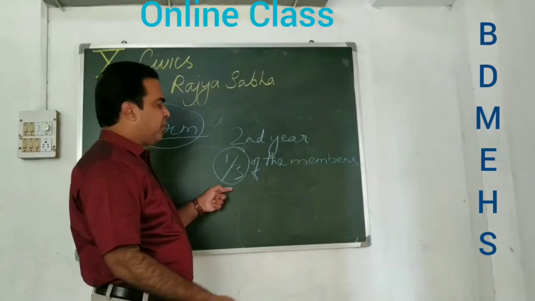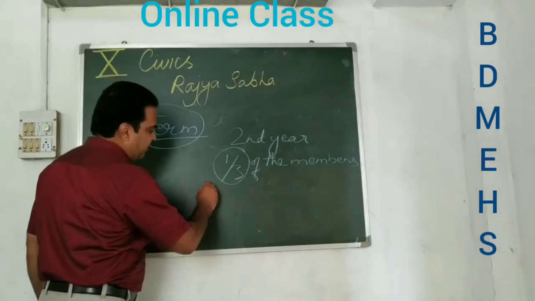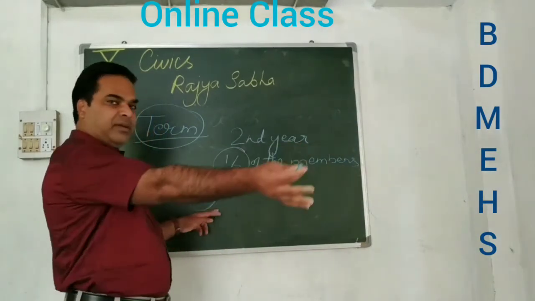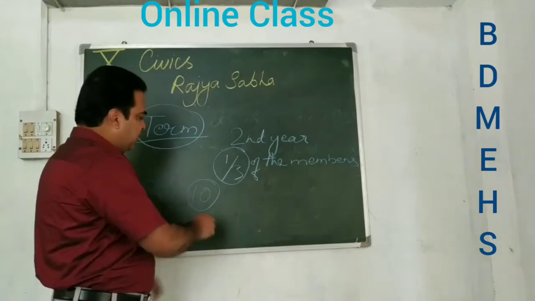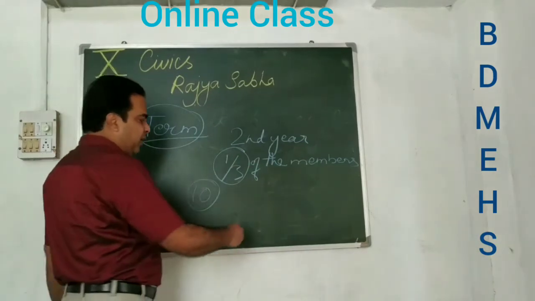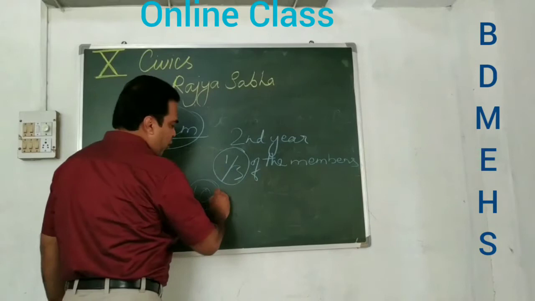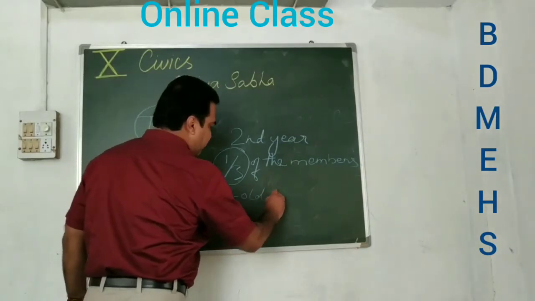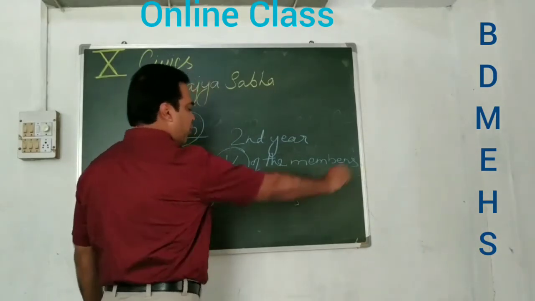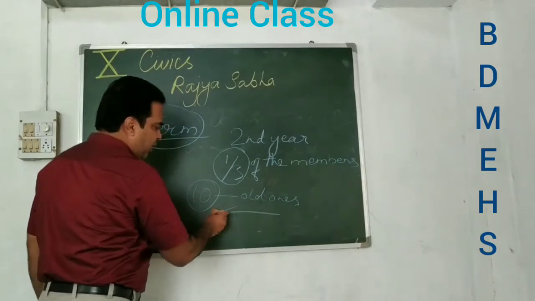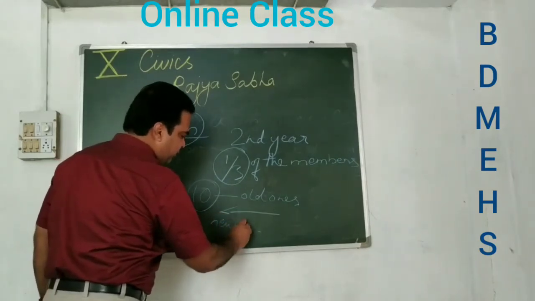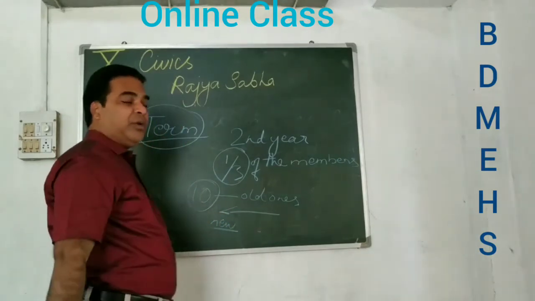Suppose for example 10 members retire, they go. So these 10 seats will be filled again by the new members. So the old ones go out and new ones come in.